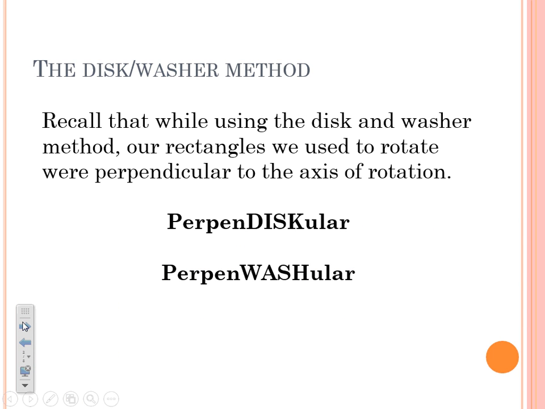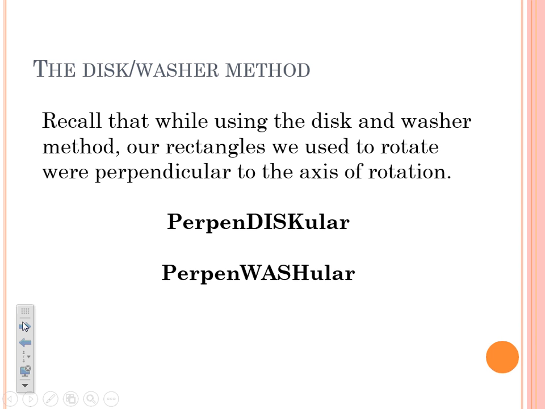So when we use the disc and washer method, our rectangles were always perpendicular to the axis of rotation. If you look at these rectangles, notice how when we rotate them to get our washers, they were perpendicular to our axis of rotation. So I'm going to give you this funny word, perpendicular.